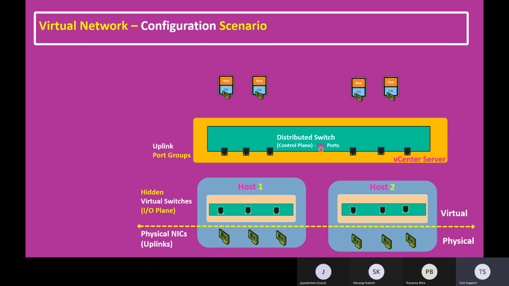Just understand that a DV switch can create a maximum of 60,000 ports, and this is also a vCenter server limitation. Each vCenter server supports DV switch ports up to 60,000. That means even if you create multiple DV switches within your vCenter, the overall active ports it supports is up to 60K only.